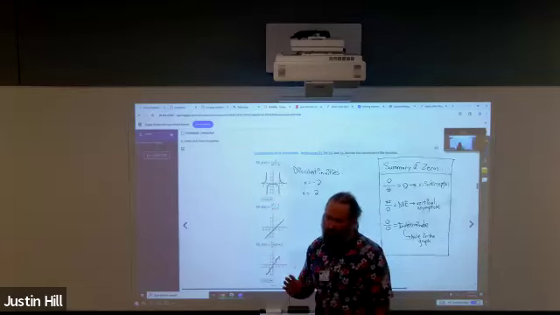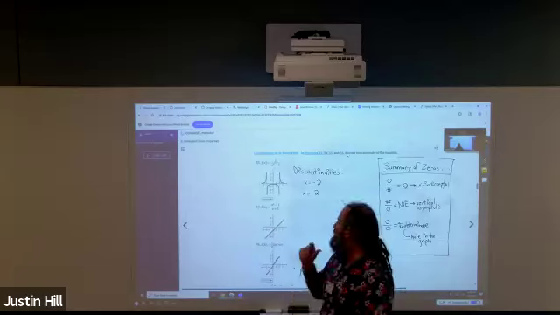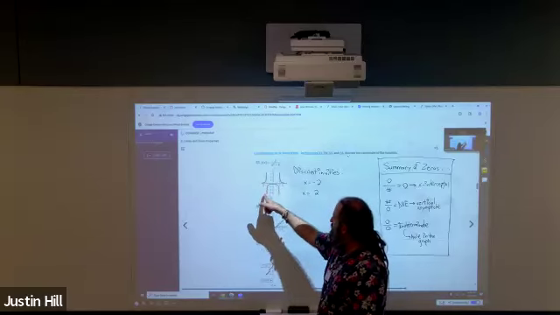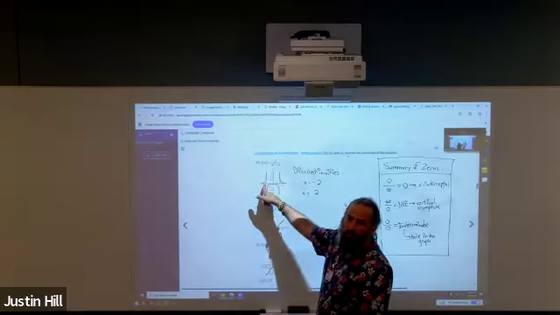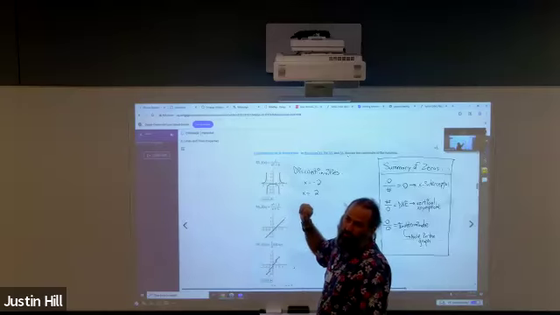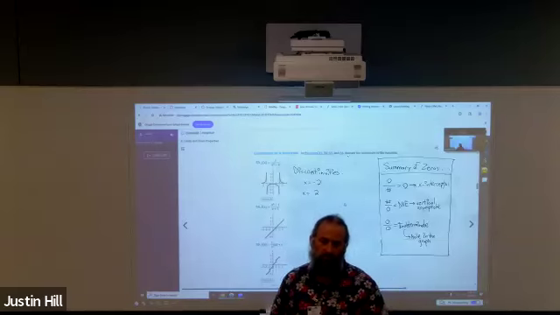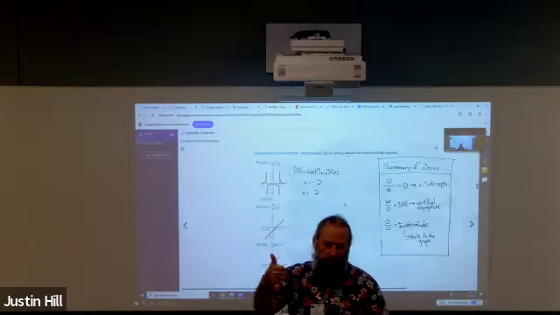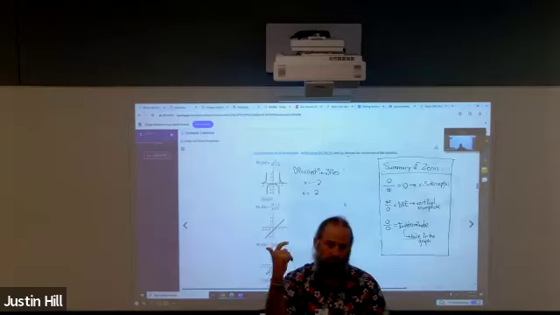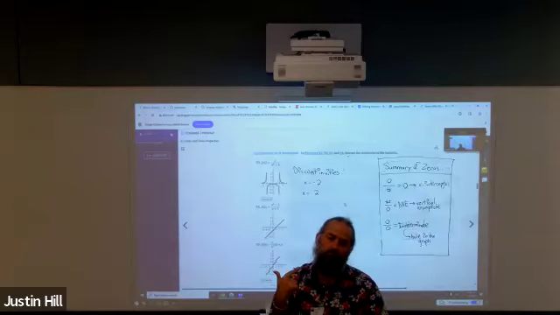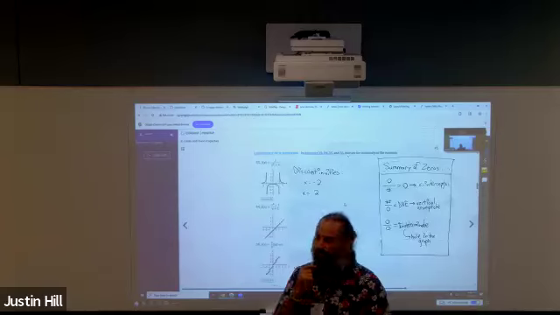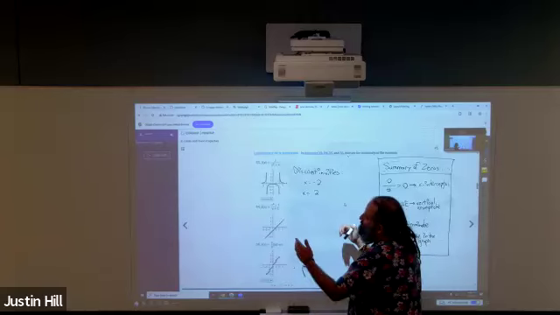So again, the idea of a removable discontinuity is, could I replace what I have here at 2 with a point that then makes the graph continuous, where the value of the point would match the value of the limit. And notice that it's impossible to do that.